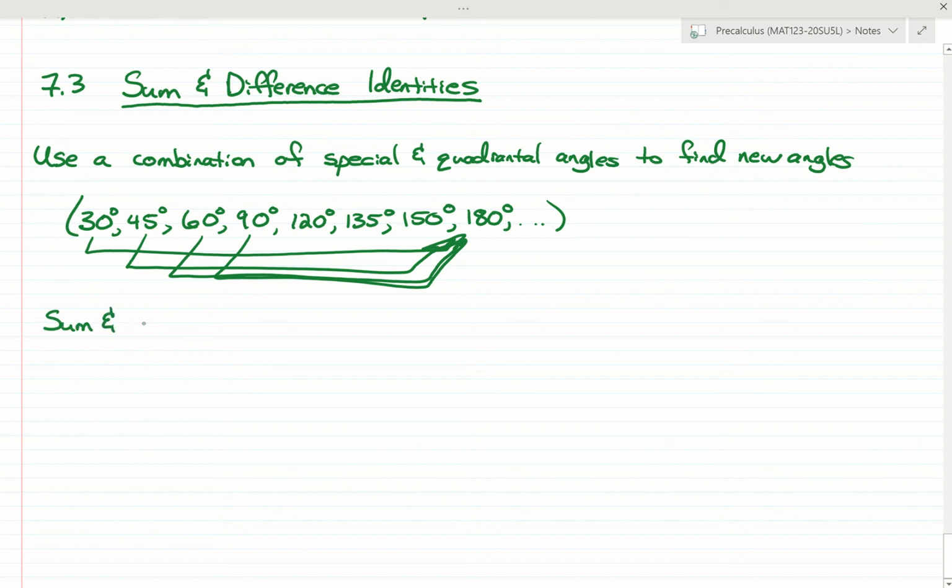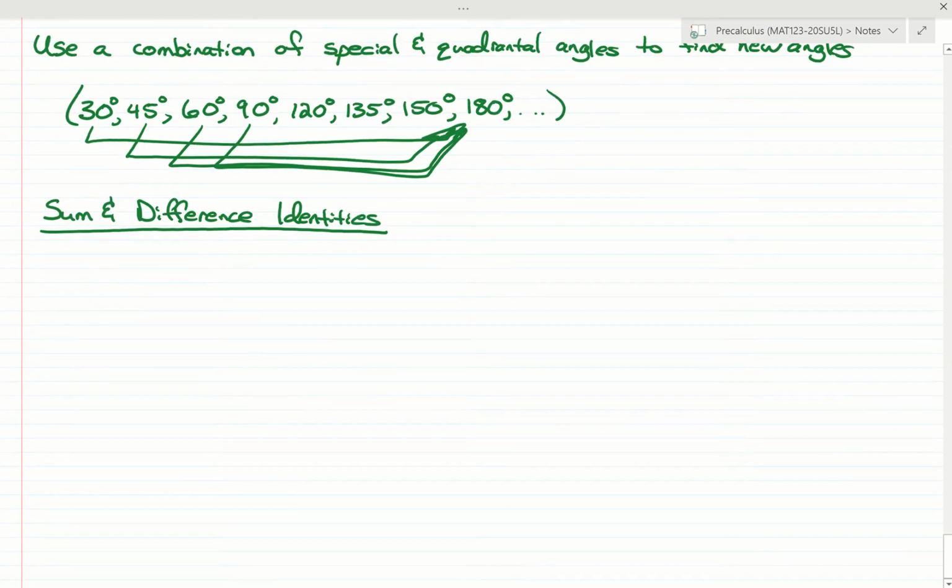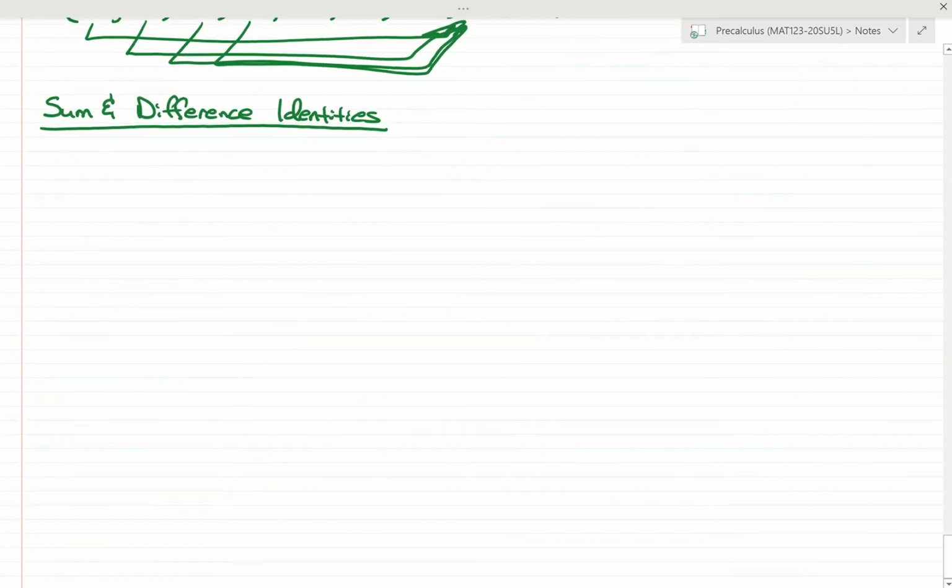So the sum and difference identities are, I'm going to write three formulas. So watch this. Let's say we have the sine of A plus B. Like if you want to get 75 degrees, you would do 30 degrees plus 45.